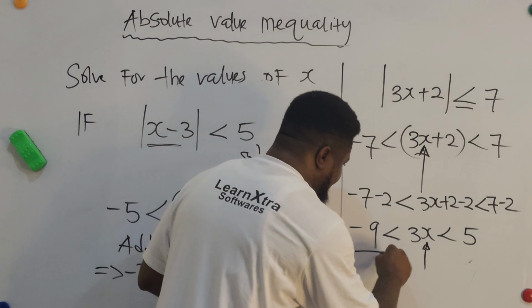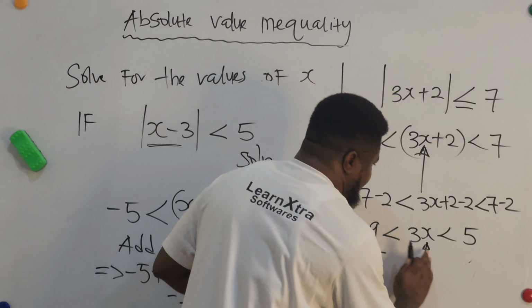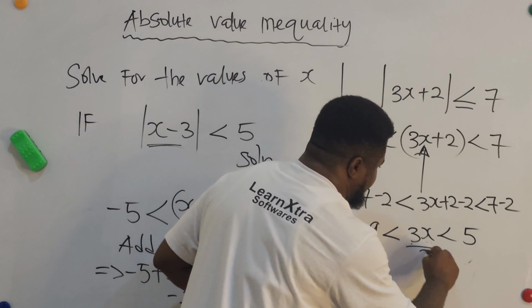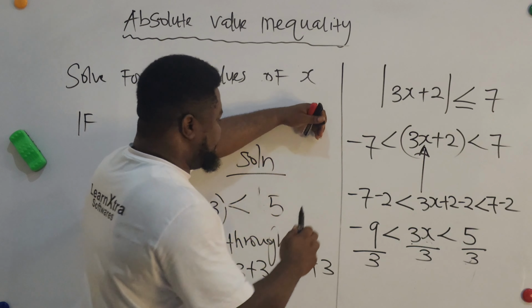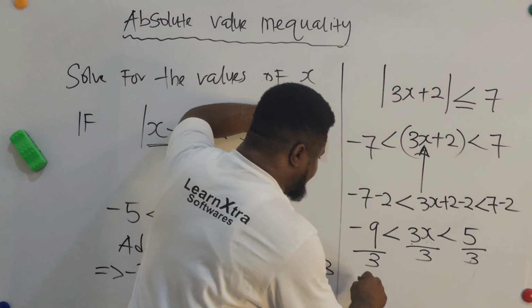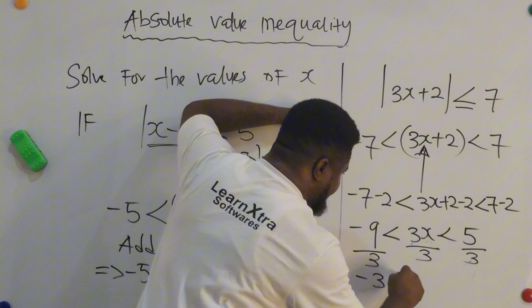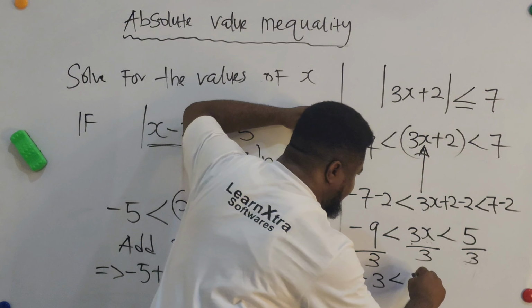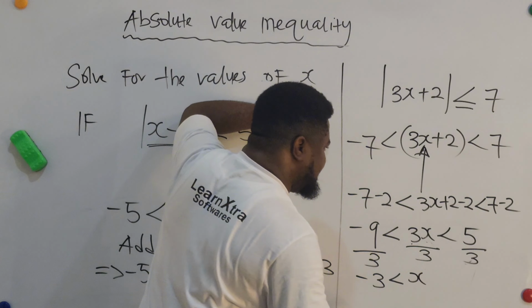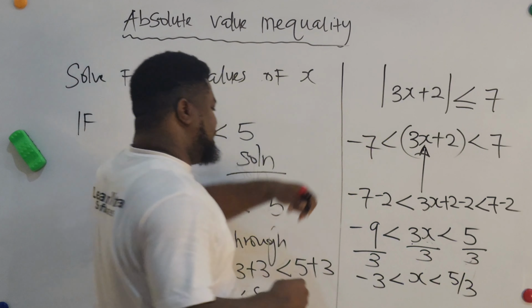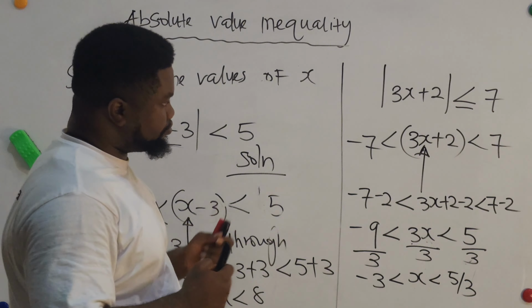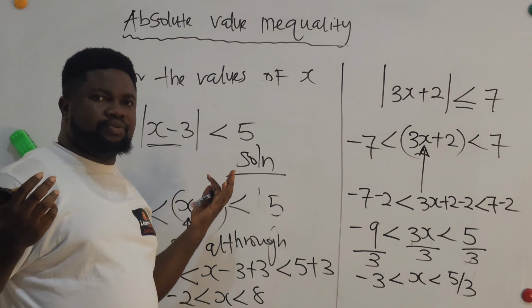That will be here over 3, here over 3, here over 3. We'll now have minus 9 over 3 is minus 3, less than x, and x is less than 5 over 3. That's our answer. Very simple.